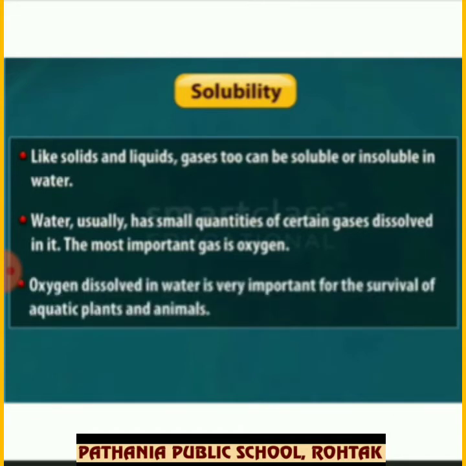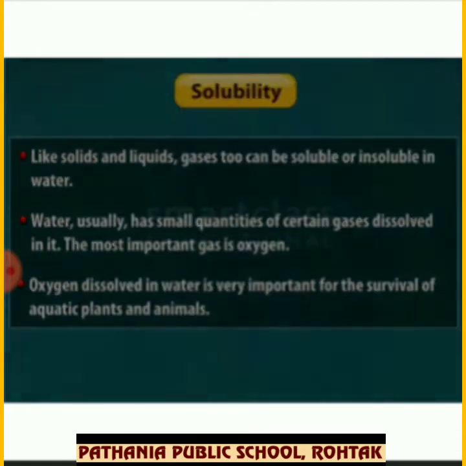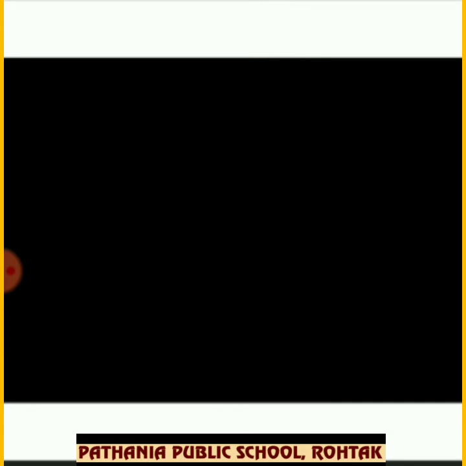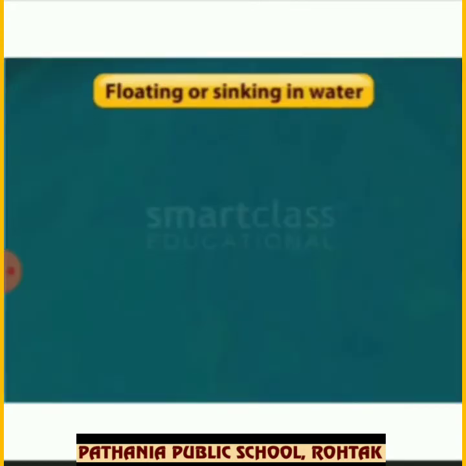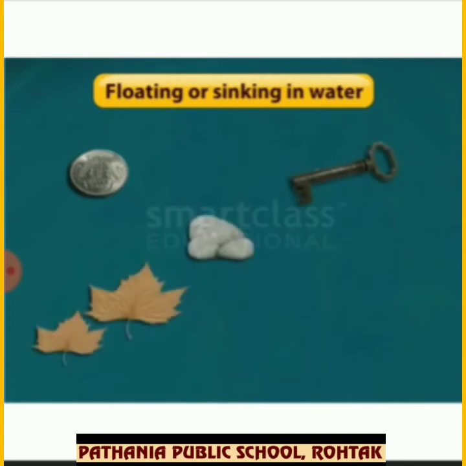Now the next one is classification of materials on the basis of their densities. What is density? Or their heaviness or lightness, or you can say floating or sinking in water according to the density. A substance which is heavier than water is said to have higher density. As you can see, these are all the examples of different materials.